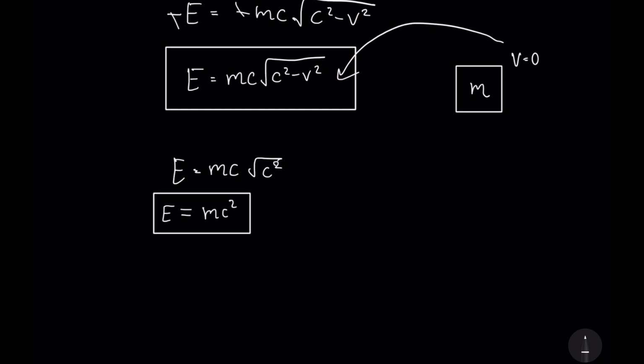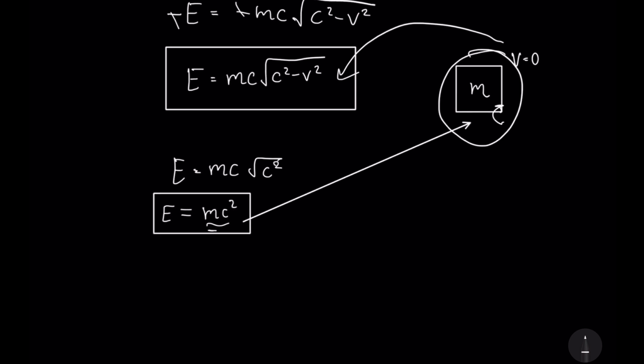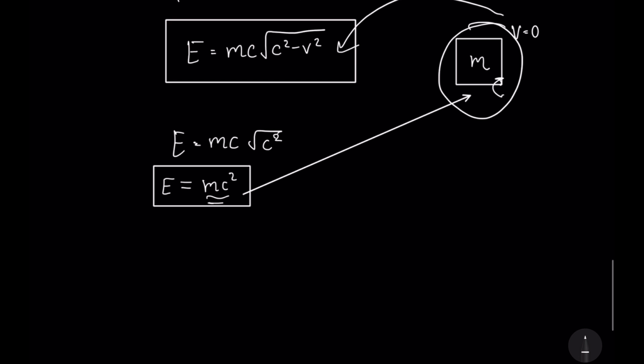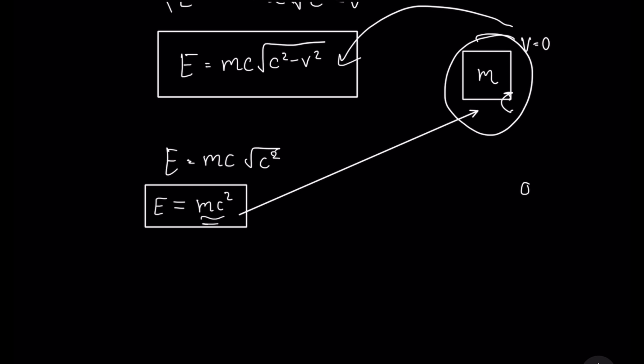There you have it. Now there's a better version of this. This only applies for rest masses. If you had a rest mass and converted it into energy, it would be equal to mc square. It's quite a huge value. It's used to calculate the energies given off during nuclear fission and fusion. So it's quite useful.